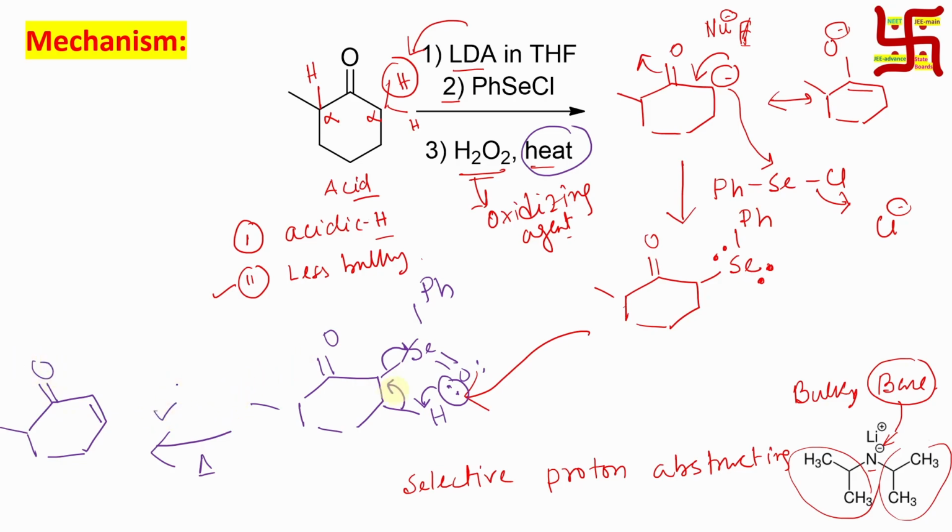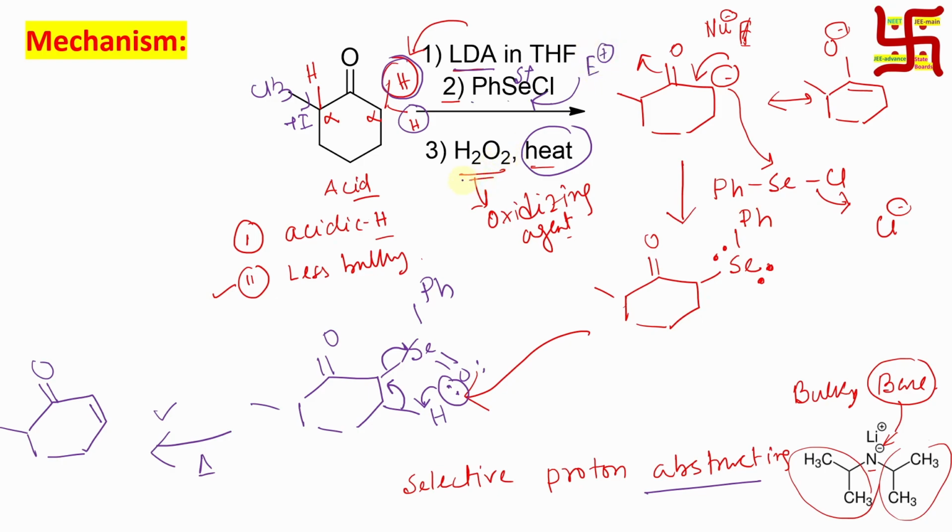From here, what you have learned is that in the first step, LDA abstracts protons selectively from the less bulky and relatively more acidic side. This proton is expected to be relatively more acidic because the methyl group has its plus I effect, whereas hydrogen doesn't show any plus I effect. With PhSeCl, phenyl selenium chloride, this selenium center is delta plus and can act as an electrophile.